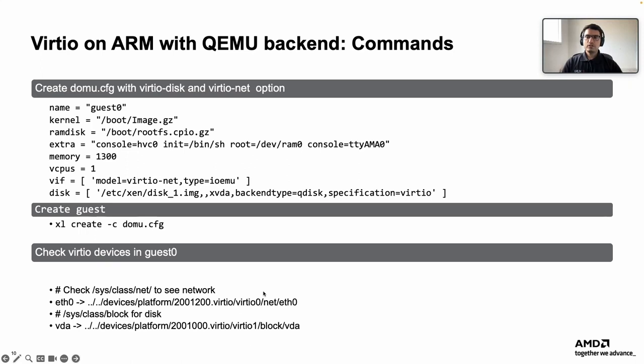You can also check sys class net and sys class block to see the status of the network and disk drivers. So disks are basically probed as VirtIO block backend and VirtIO block.